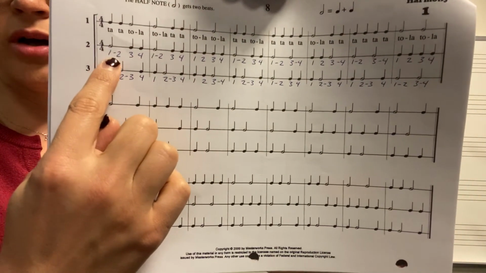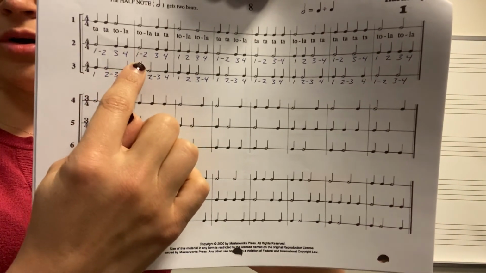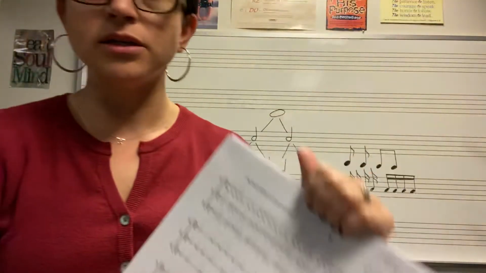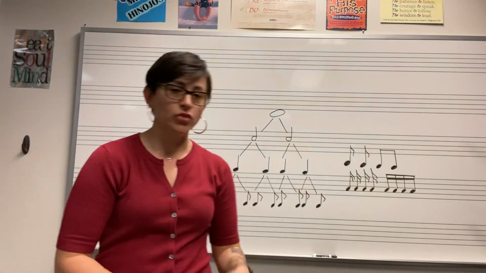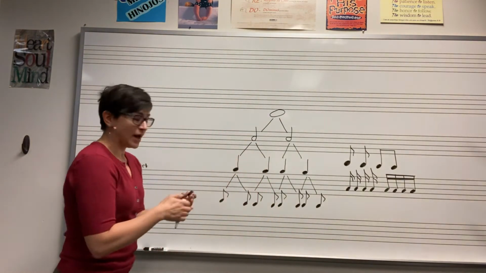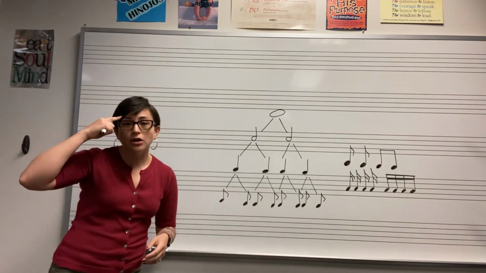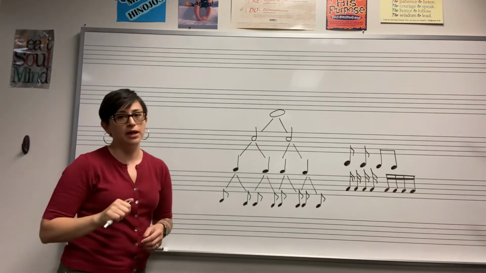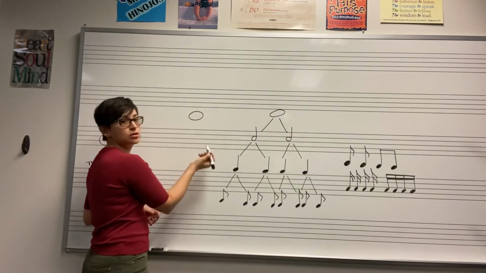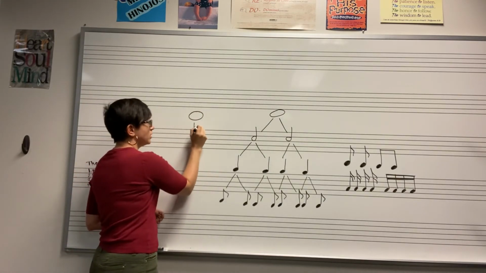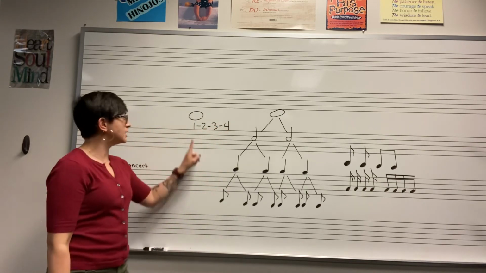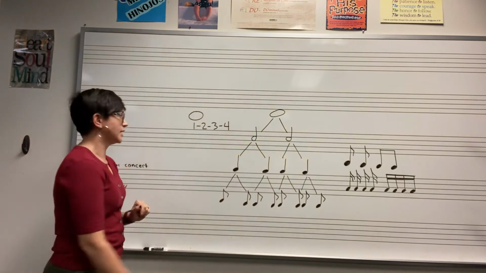You count 1, 2, 3, 4. 1, 2, 3, 4. Notice how I connect the numbers on the longer notes. Okay, that is so I clearly know that you know how many counts that one note gets. So if you have a whole note, you should count it 1, 2, 3, 4, and connect it with the lines.